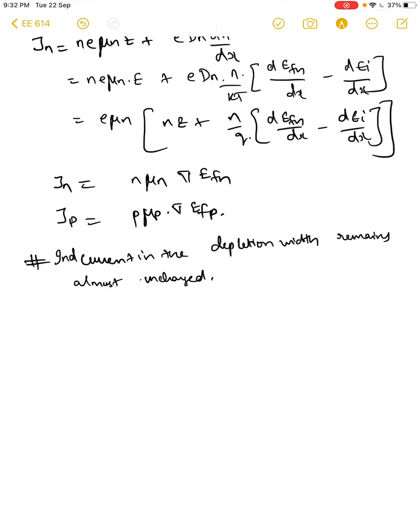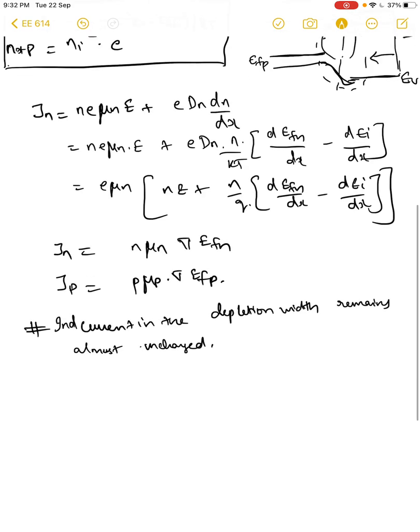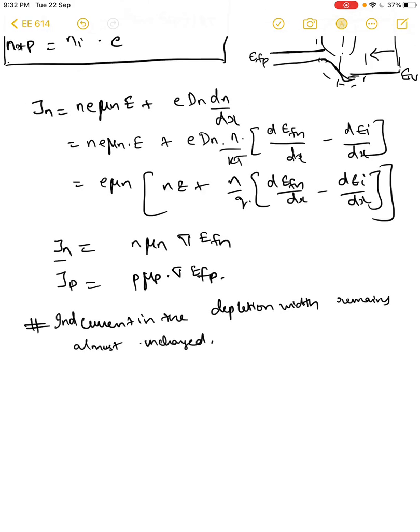Why is this true? If you can see in the depletion width, you have the region where you have a gradient in the bands, right? You can see even in these regions you have a large density of carriers, which in comparison to the minority carriers on the other side is large, right? And this large density of carriers can lead to exploding current densities if you have a large gradient in the Fermi level.